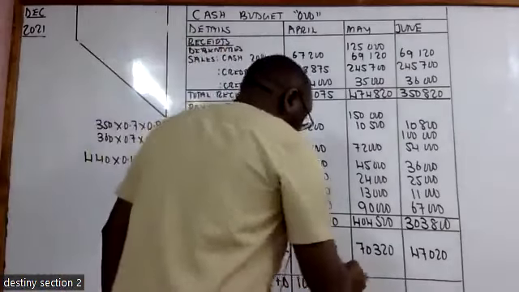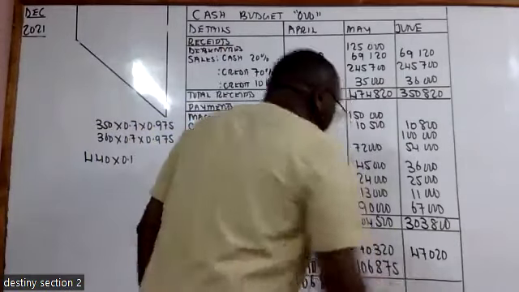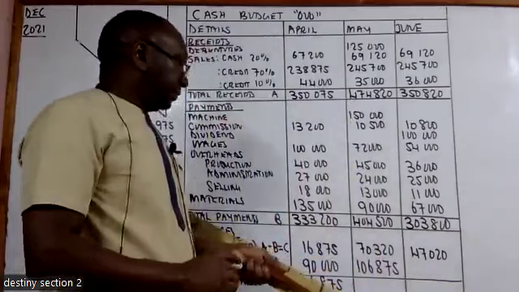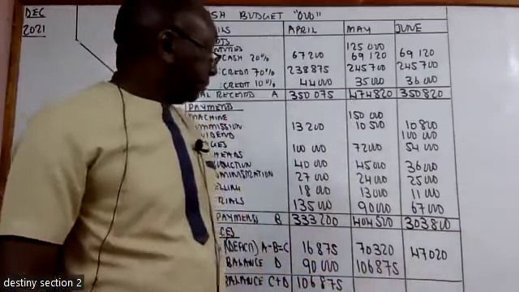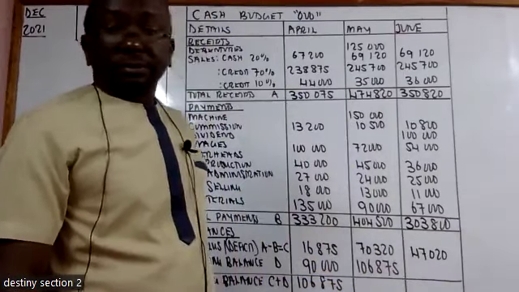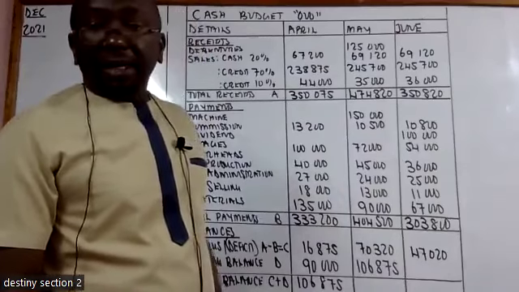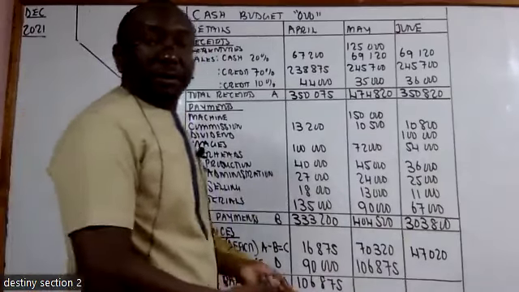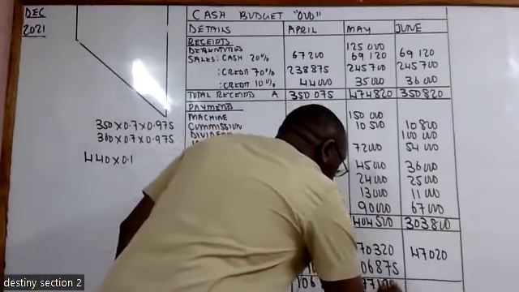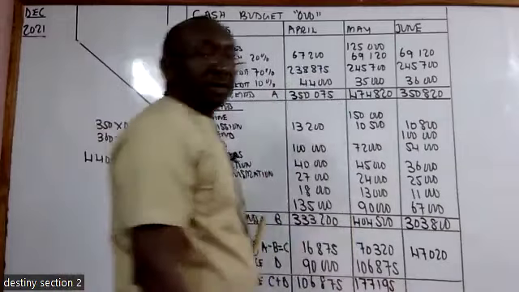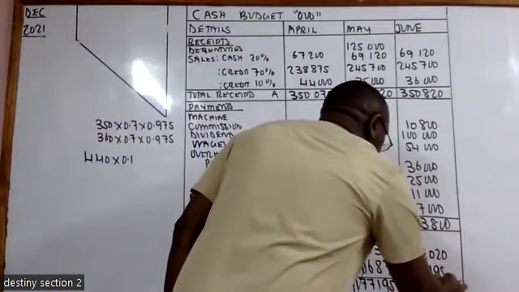Add 70, and we get 177,195. Then here 177,195.